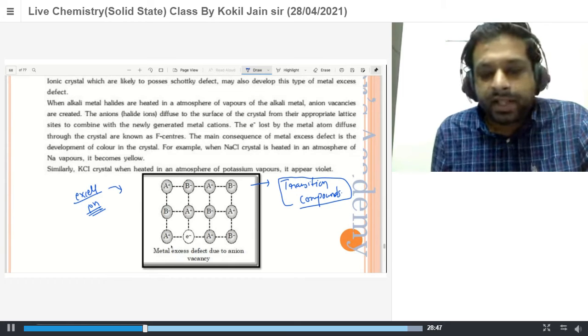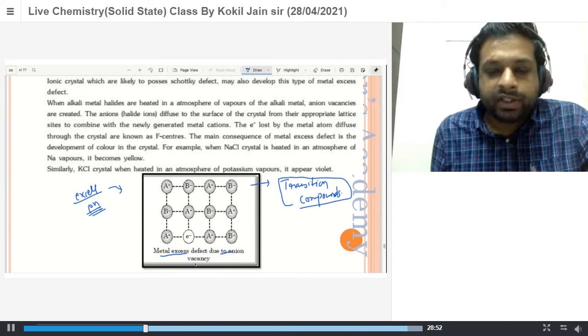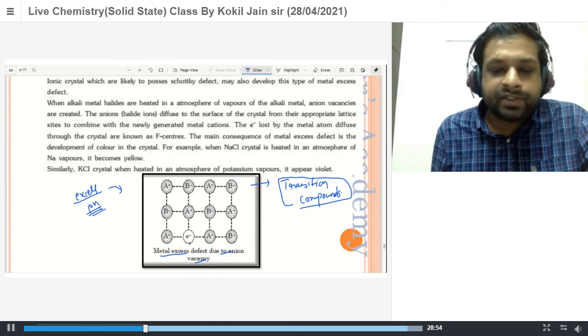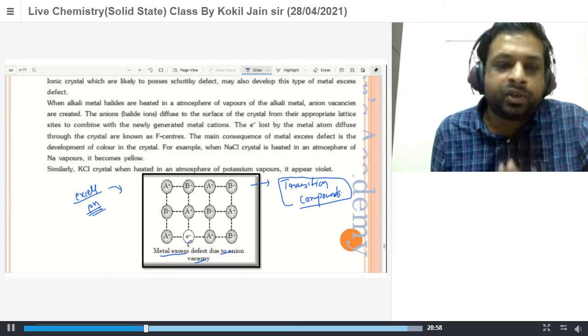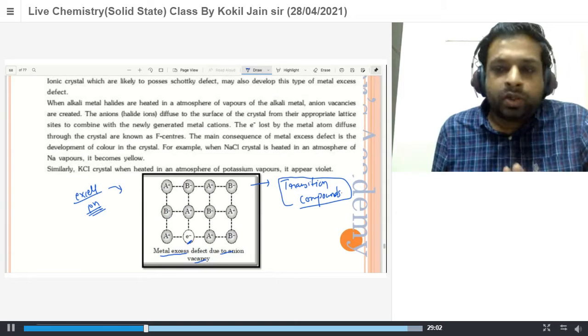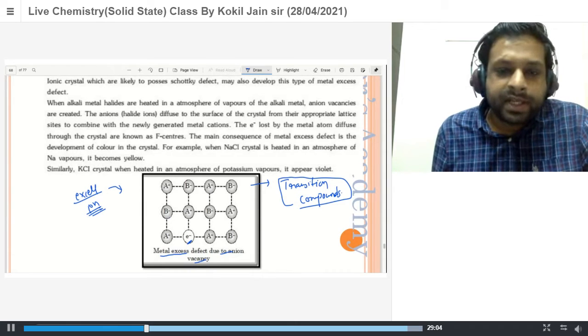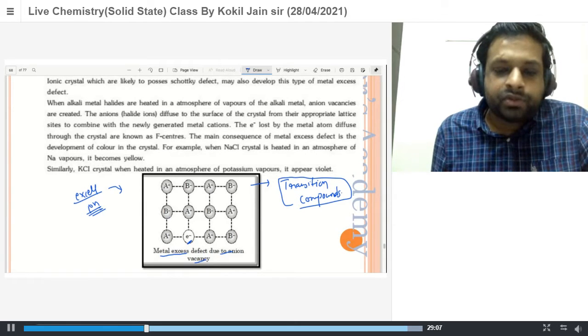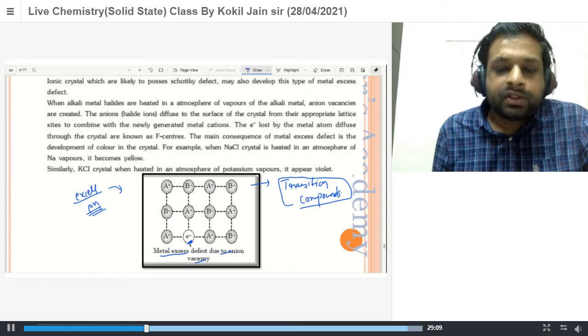First is metal excess defect due to anion vacancy. In this place, the anion has been replaced, the B minus is being replaced by an electron only. Because of the presence of the electron, this position is called an F center.